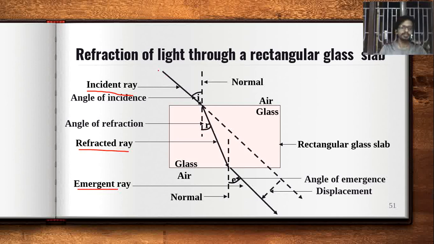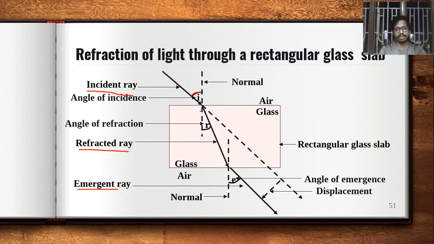Okay. Now see, glass is always denser than the air. So this is the normal. Now what will be the path of the light when it is traveling from the air to glass to air again? So this is the normal, and this is the angle of incidence. This is the incident ray.